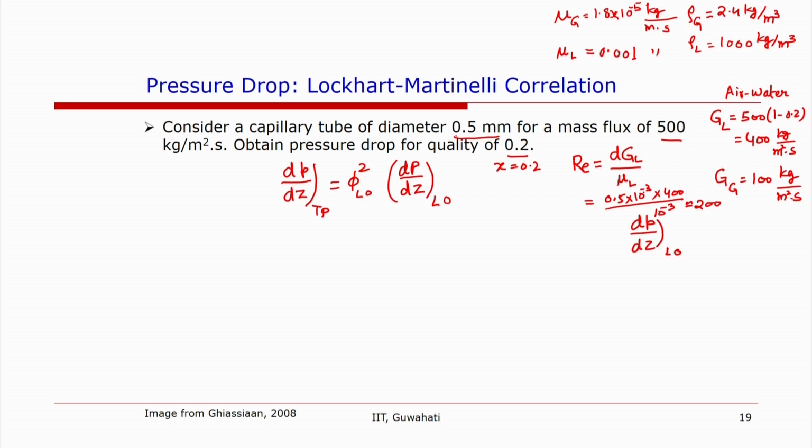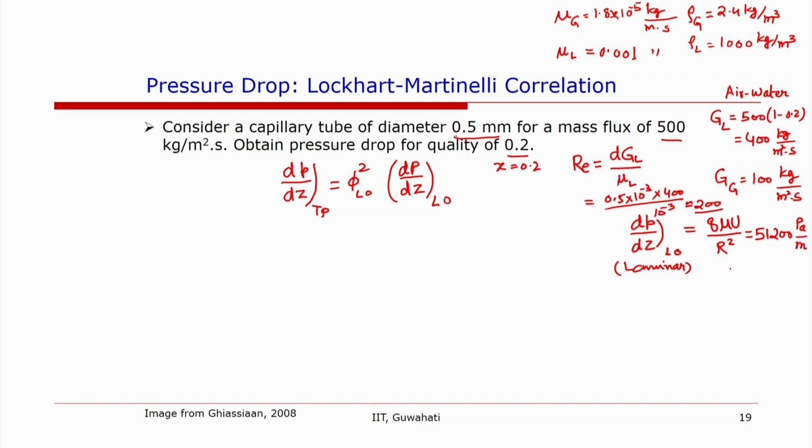Okay. So basically the flow is laminar liquid flow. So we can say that for laminar flow dP by dZ is equal to 8 mu u over r squared, and when we substitute the values, what we get is 51,200 Pascal per meter.